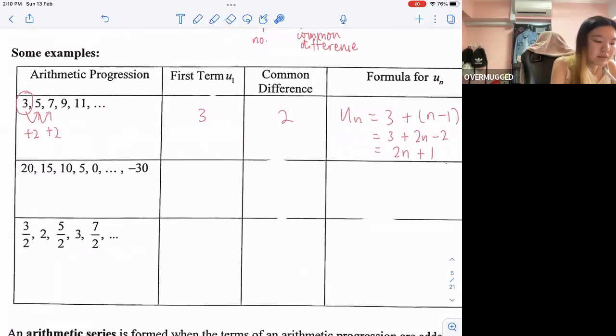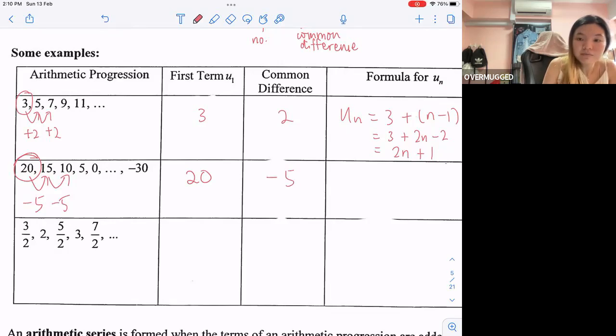So obviously for the second row, this second arithmetic progression, my first term, so obvious, you just look at the first term, it's just 20. My common difference, again, I'm actually doing what? Minus 5, minus 5. So my common difference will be minus 5.